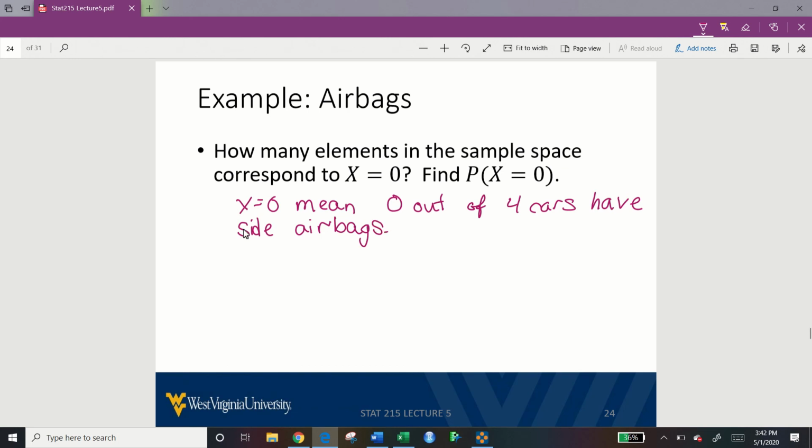So that means of our 4 cars, 0 had the airbag. There is only one way for that to occur.